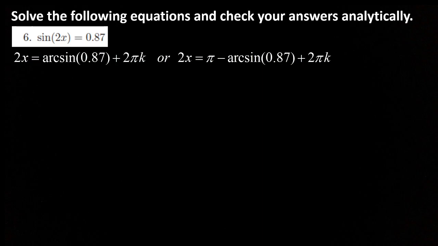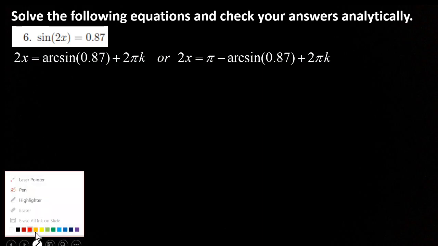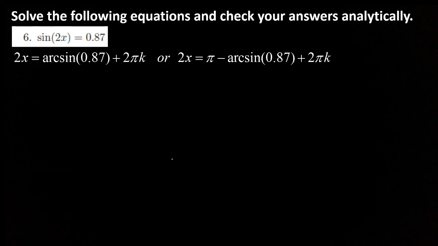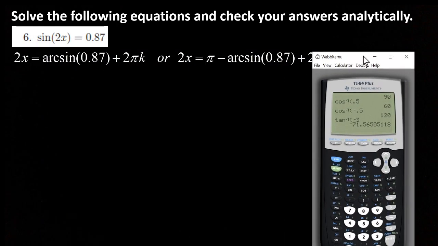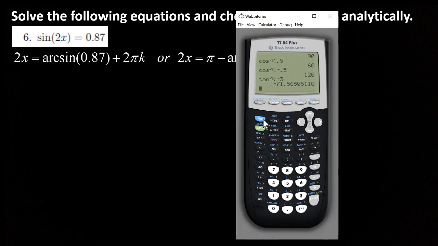Now, that of course is only one of them. So it's a good thing to actually find out what that angle is. So let's see. Sine inverse of 0.87 is about 60 something degrees.